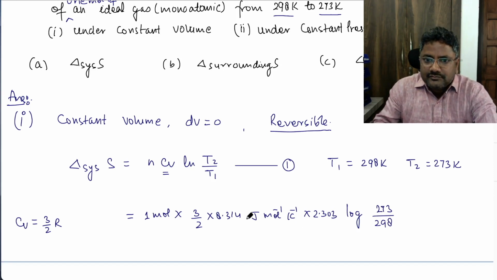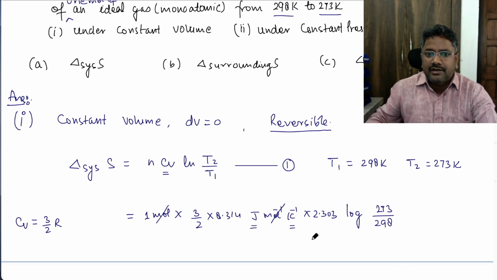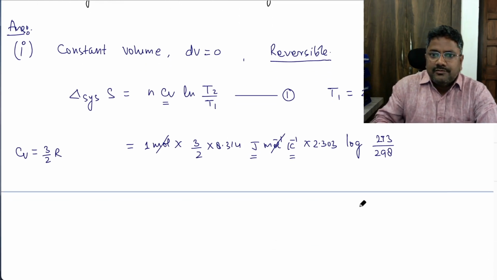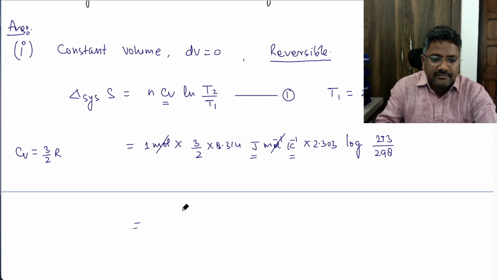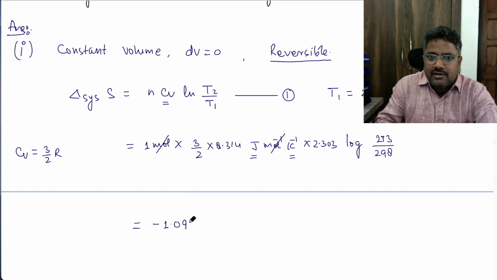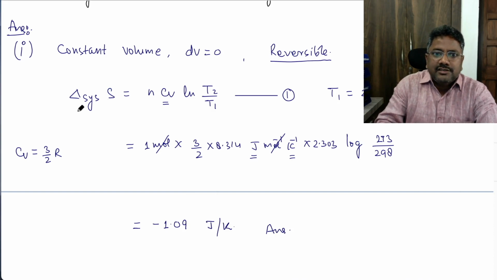So the mole per mole is cancelled. So joules per Kelvin is the unit of entropy. After solving this, you will have the answer minus 1.09 joules per Kelvin, right? This is the delta S of system.